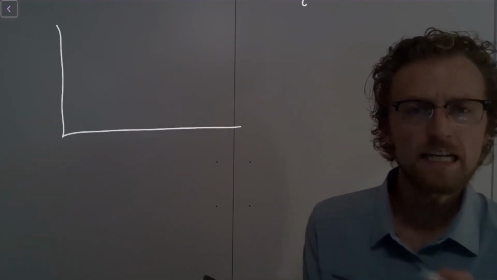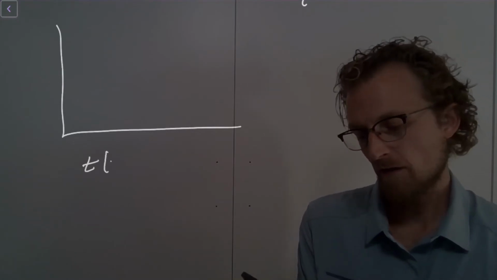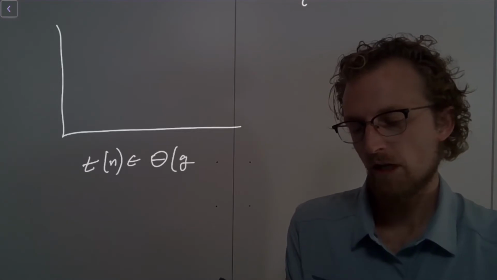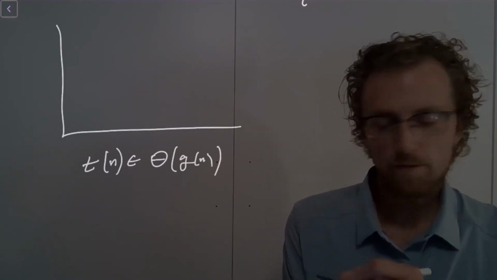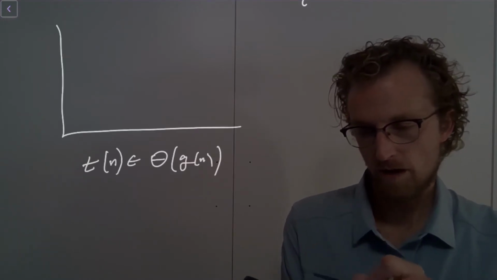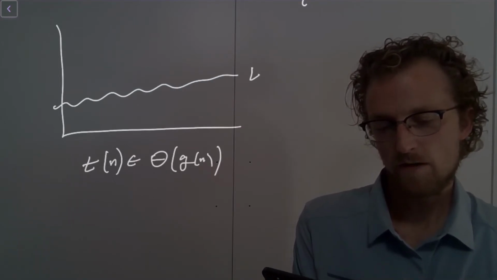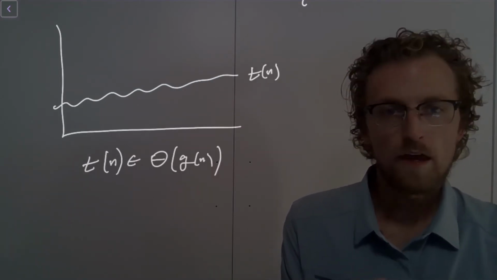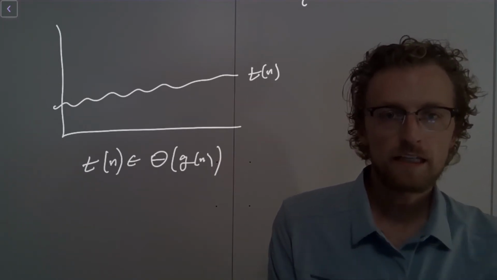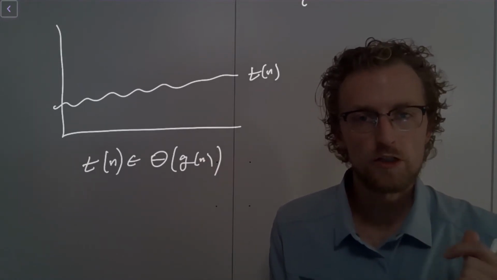Okay, so here's the idea of big theta. I want to draw a function, t of n, that is big theta of something that I'll call g of n. If this is my t of n, then if t of n is big theta of g of n, that means I can sandwich t of n in between two scaled copies of g of n.